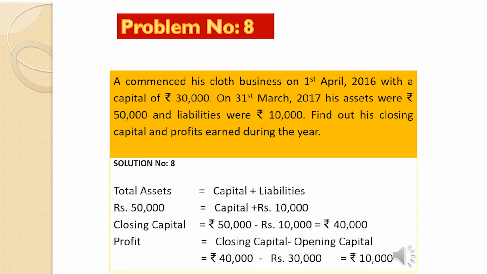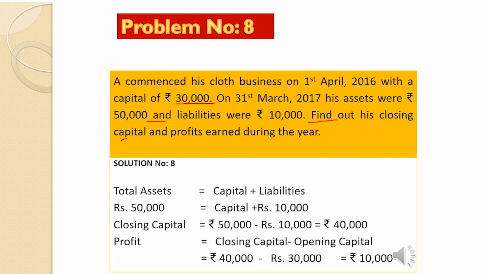Find out his closing capital and profit earned during the year. So A commenced the cloth business on 1st April 2016. The amount of capital is 30,000. On 31st March 2017, his total assets was given 50,000, liabilities 10,000.